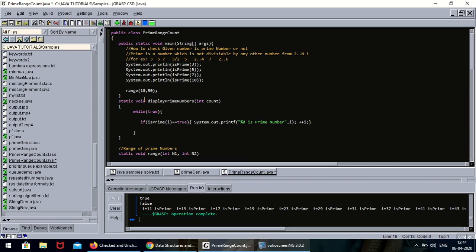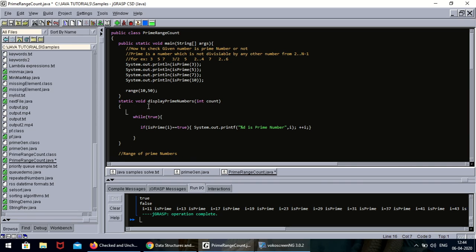At some point of time, let's say if the user asked for displaying the first 100 or 50, in that case you need to have a counter, int c equal to 0.